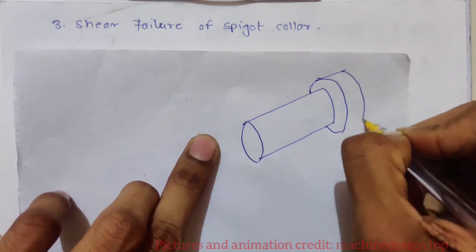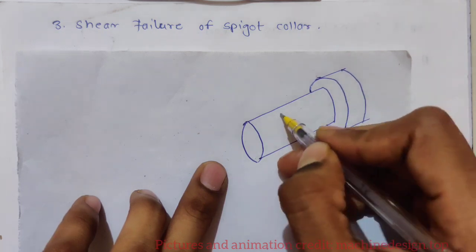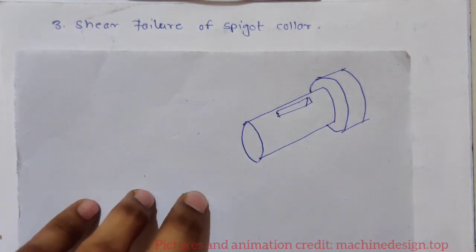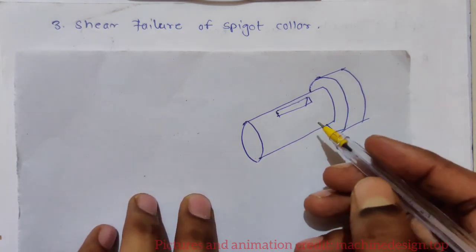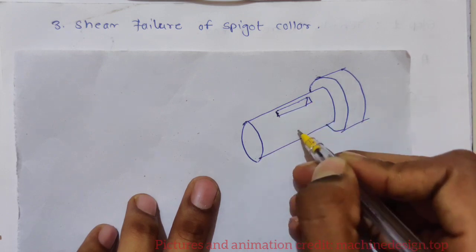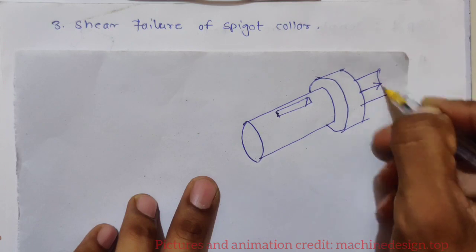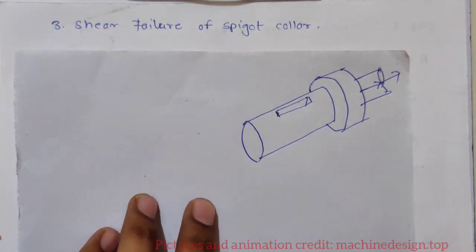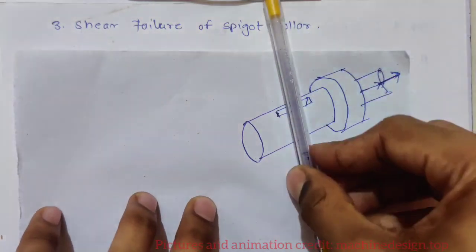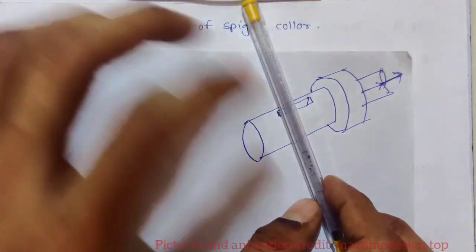So I have not drawn the full view. This cotter will be over here in this slot, and we are pulling this spigot over here, and we are putting cotter over here, and we are pulling cotter from this side using the socket.